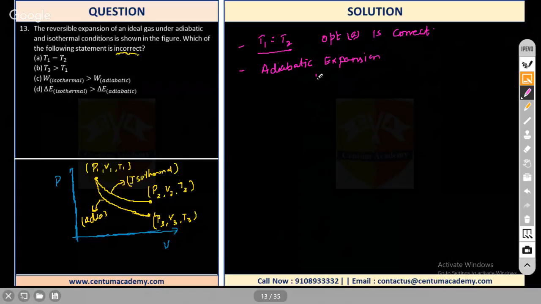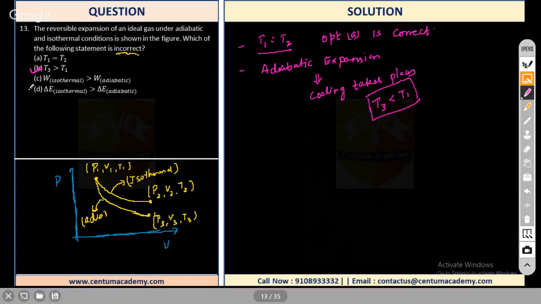So we know in adiabatic expansion, just now we have discussed one question, cooling takes place, right? 100 Kelvin and 300 Kelvin, the question was there. When cooling takes place, it means the temperature will decrease. So T3 should be less than T1, right? But in the question, option T3 greater than T1 is given. So this is the incorrect statement we have first of all.